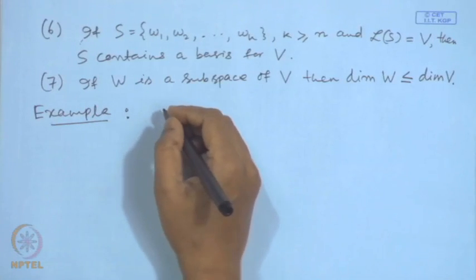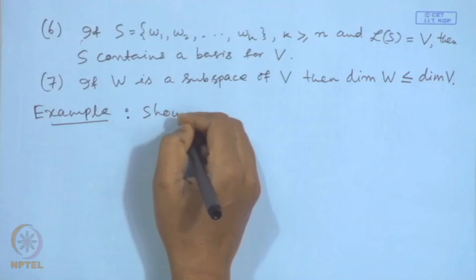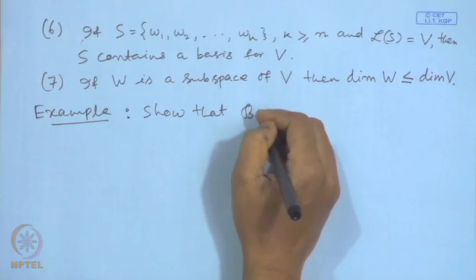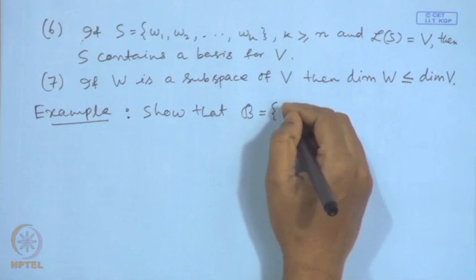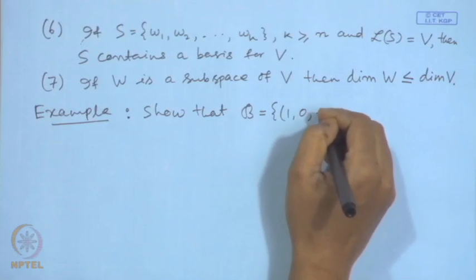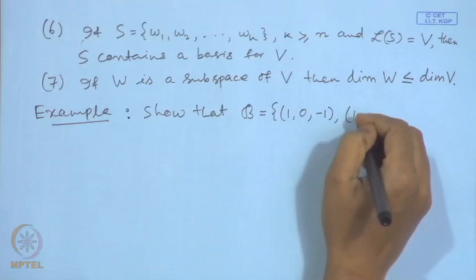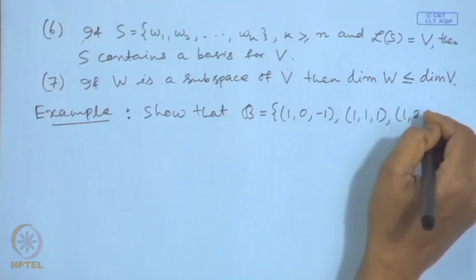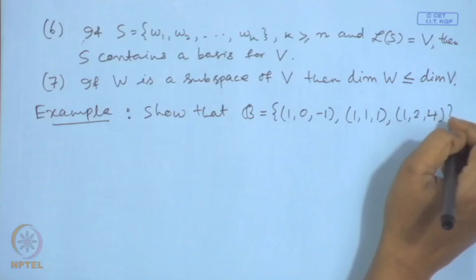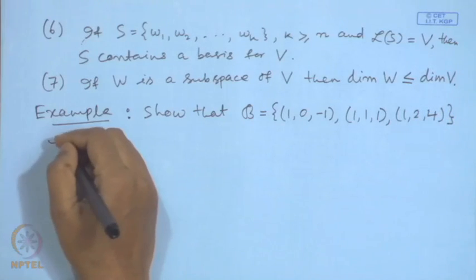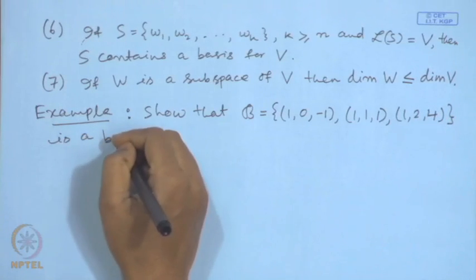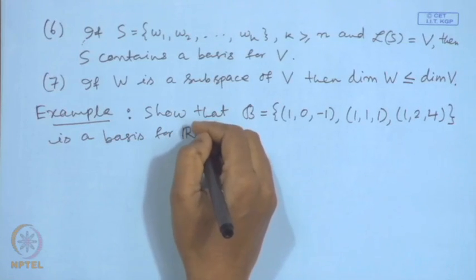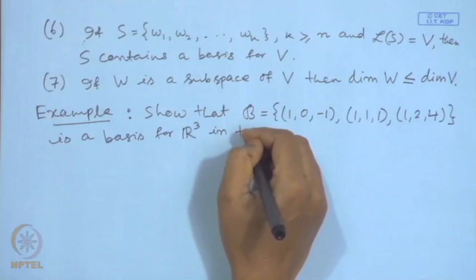Here we will show that this set B consisting of vectors (1, 0, minus 1), (1, 1, 1), (1, 2, 4) is a basis for R3 in two different ways.